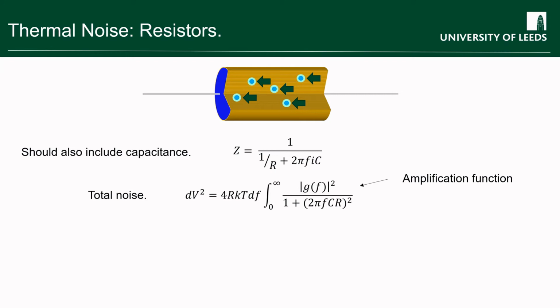And so what you tend to find is that the noise gets worse if you have large capacitive or inductive impedances in your circuit as well. Okay, so that is a form of noise that you can't get rid of. It's intrinsic to all electrical circuits, but it depends on the temperature.